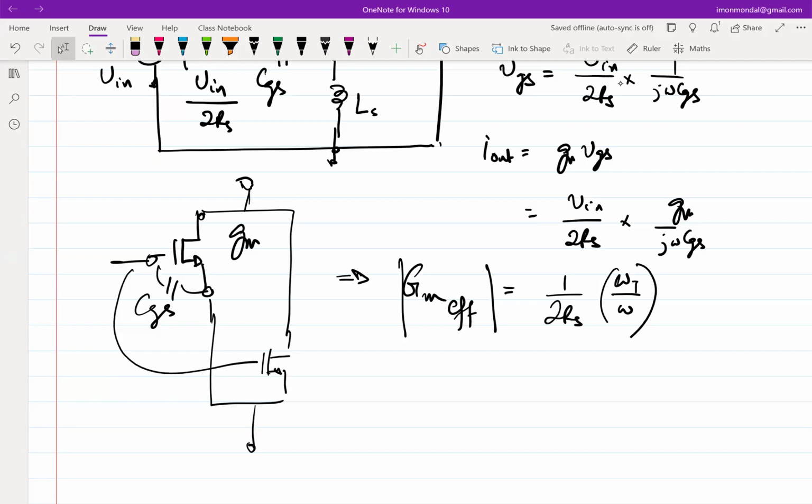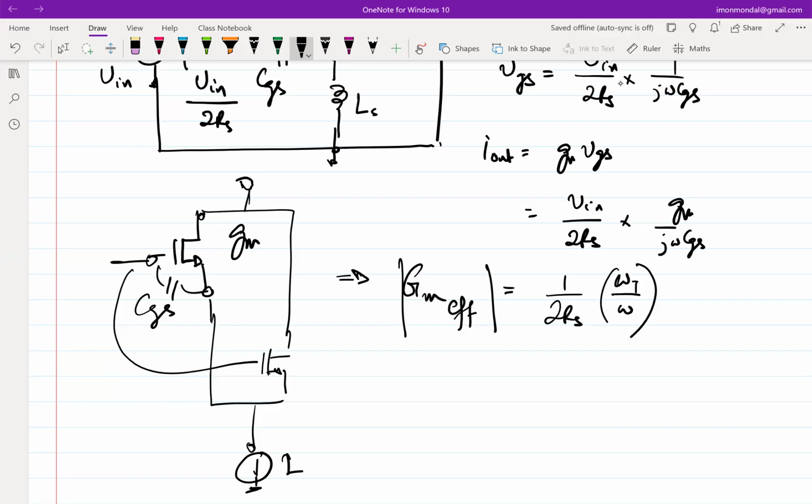Okay, let's assume constant current bias, which means there is a current source associated. You are not changing W by L, because that doesn't lead to anything that we understood. So the only thing is overdrive. You want to decrease overdrive. So current is the same, you are decreasing overdrive.